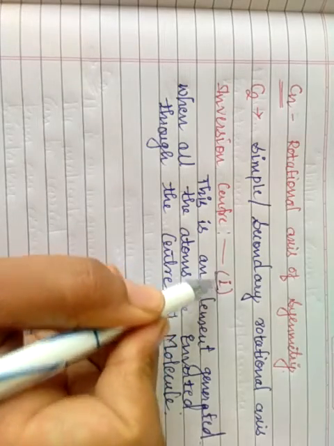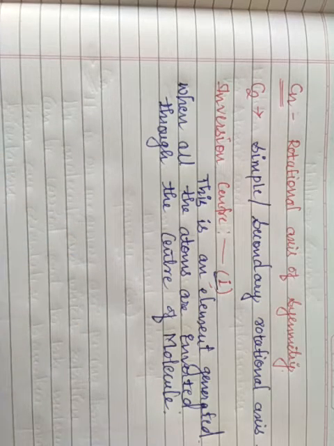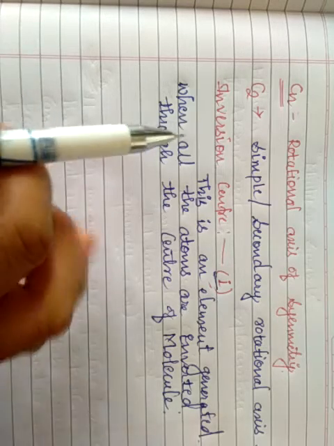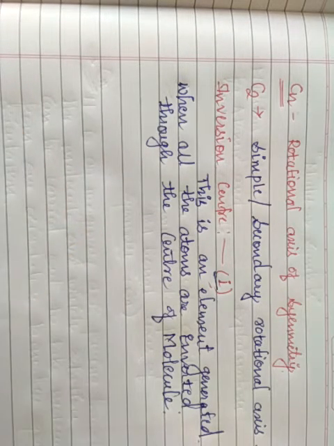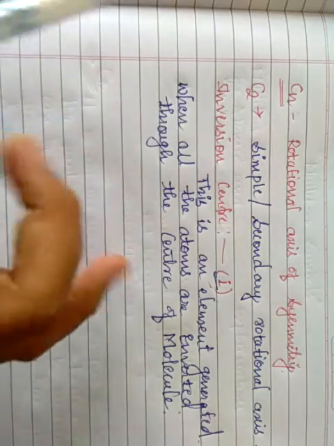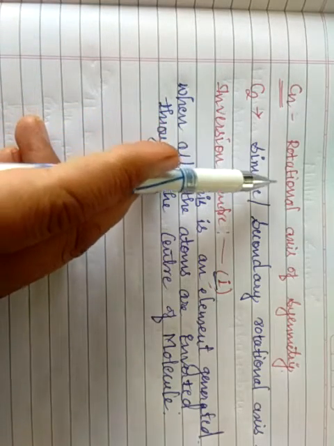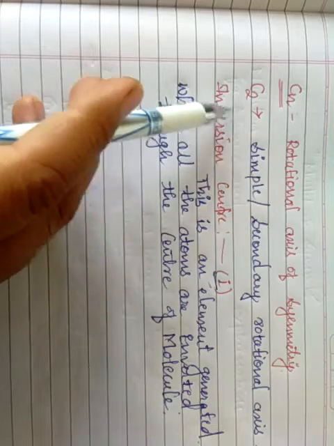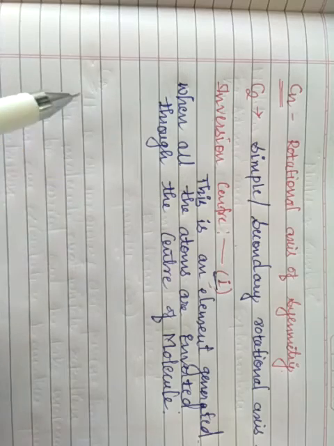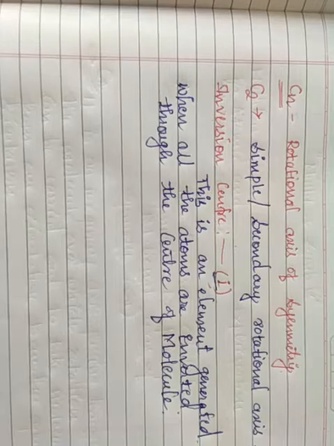We can represent that by the letter I. So what is it actually? Here an element will be generated when all the atoms invert through the center of molecule. That center we call the inversion center. This part is just imaginary, like the rotational axis, an imaginary axis passing through the molecule. C2, secondary rotational axis. Next I, inversion center, an element generated when all the atoms are inverted through the center of molecule.